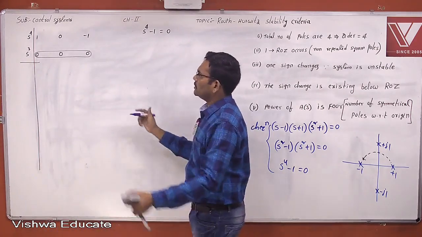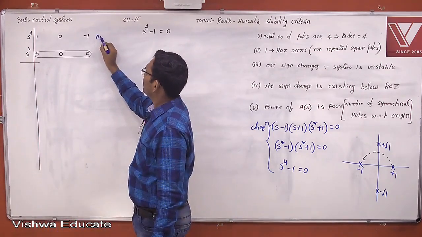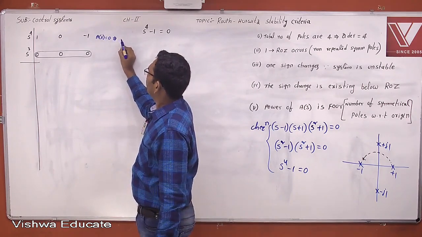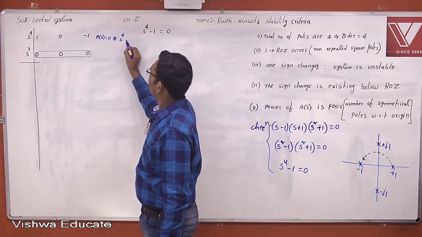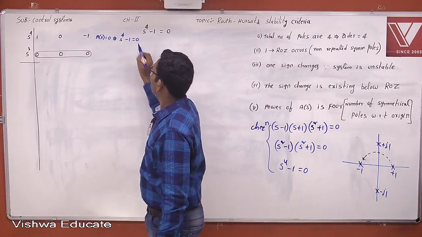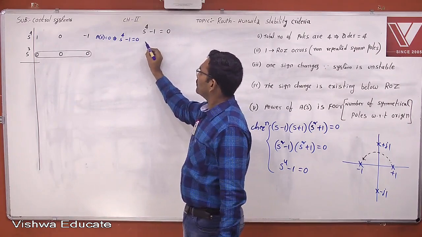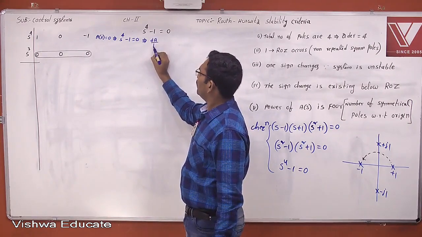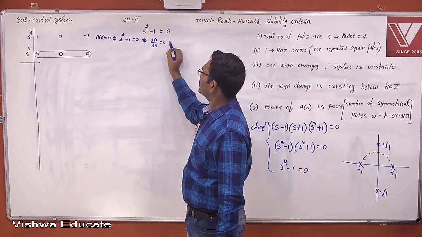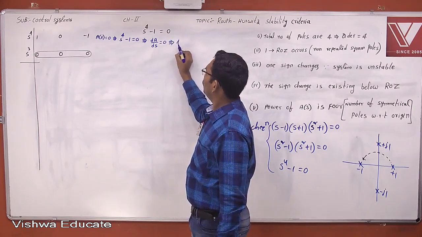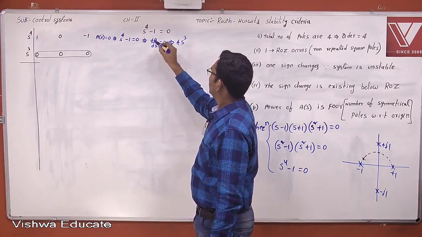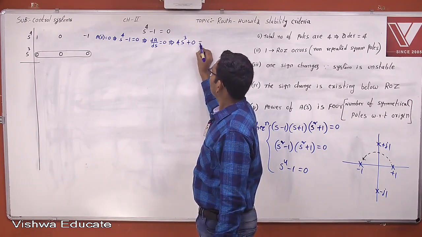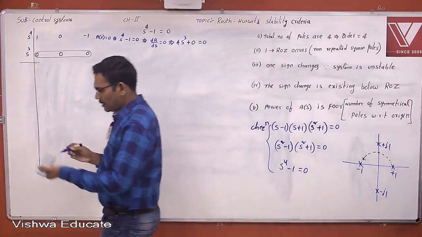Therefore, this is the auxiliary equation, students. The auxiliary equation is s power 4 minus 1 equal to 0. Differentiate this auxiliary equation with respect to s, which gives 4s cubed. Differentiation of the constant is 0. Therefore, continue the tabular form.